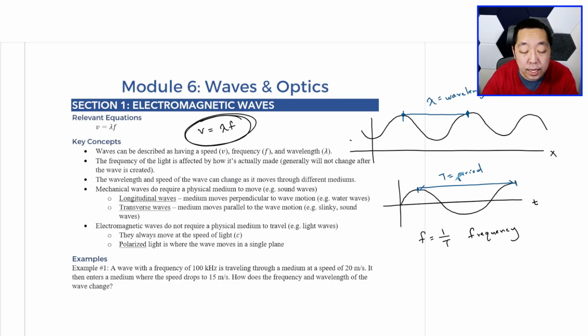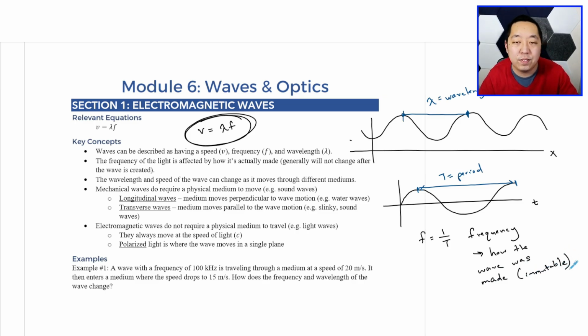Now, in terms of physical properties of a particular wave, you want to think of the frequency as how the wave was created. This is immutable. The frequency of the wave cannot change no matter what happens.